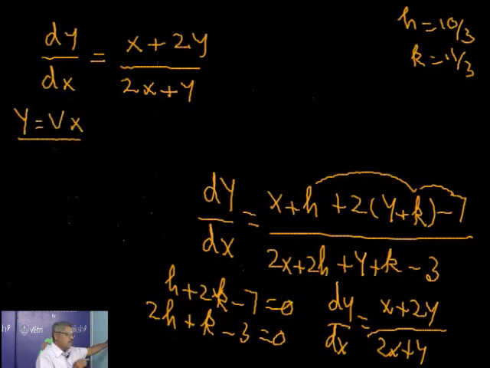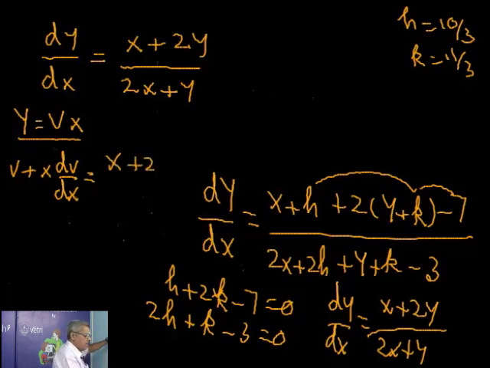Y = vX, we are able to solve this homogeneous equation easily provided it is homogeneous, not of any other type. Therefore, dY/dX is nothing but v + X dv/dX, equal to X + 2vX divided by 2X + vX.